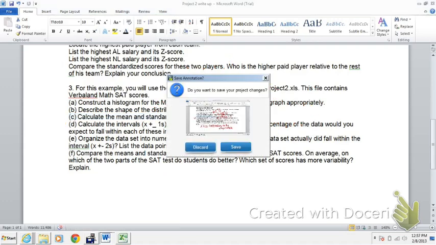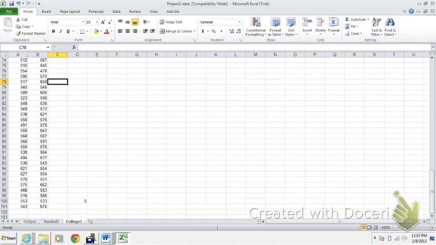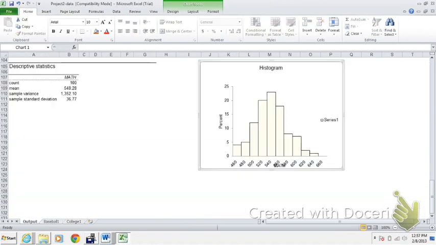Okay? So now to actually calculate these intervals, you can do kind of what we did earlier. You can go back into your output and you can literally calculate. And like I said, you don't have to do the calculation on Excel. You can do it just with a handheld calculator. So you can grab the mean, 548.28, plus or minus 1 standard deviation.